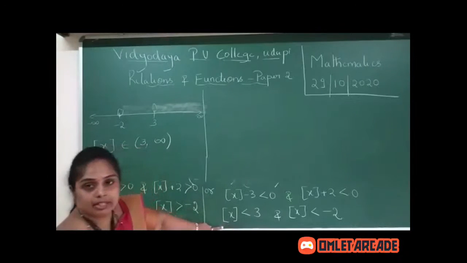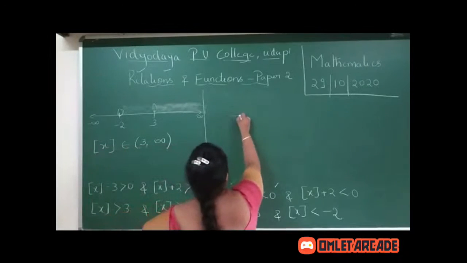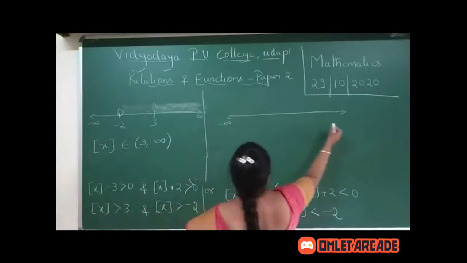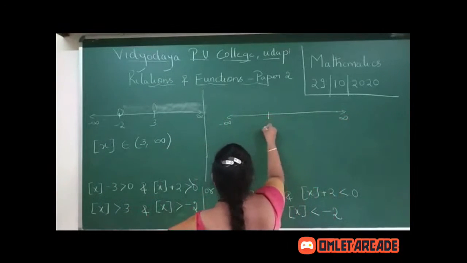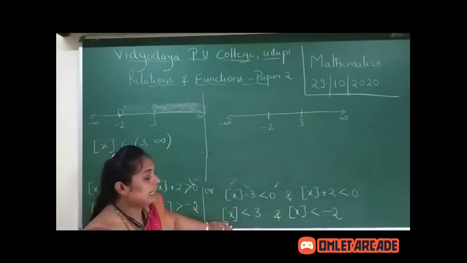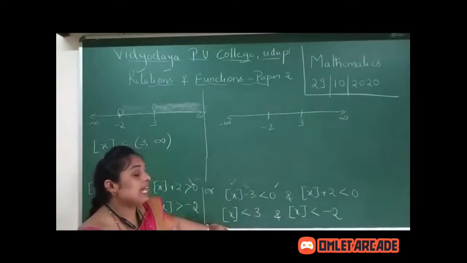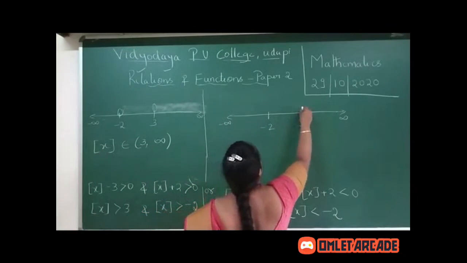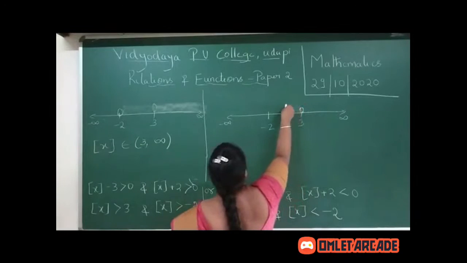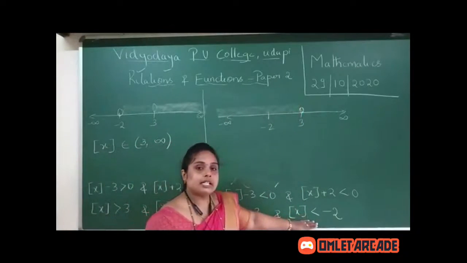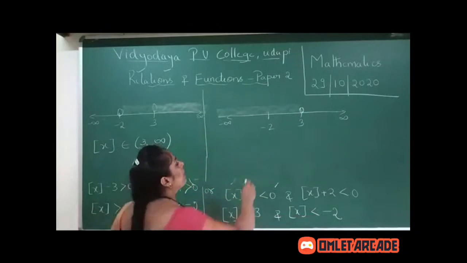And if I draw the number line for this, minus infinity, plus infinity, and around minus 2 and 3. Look here. Greatest integer x is less than 3. Less than 3 means excluding 3, less than 3. Greatest integer x less than minus 2.